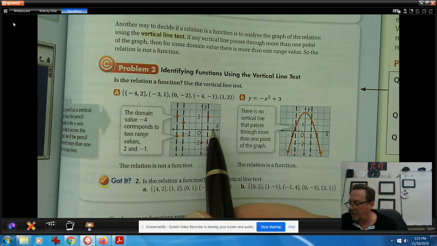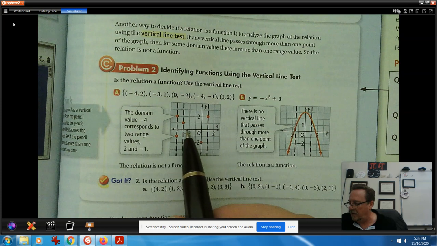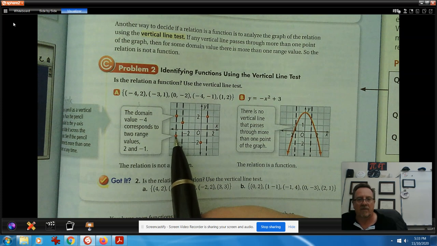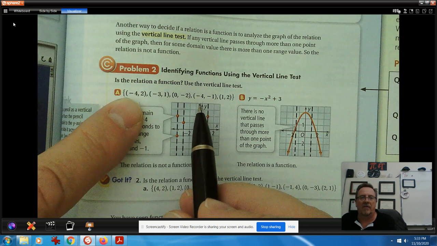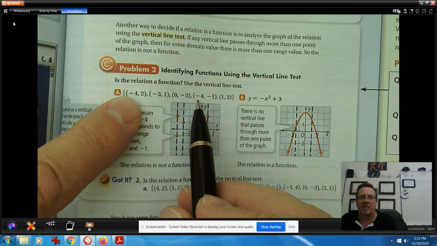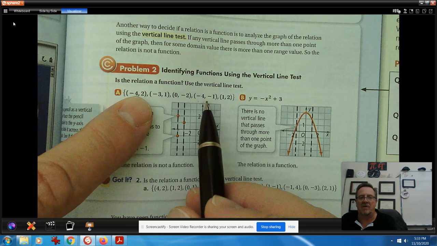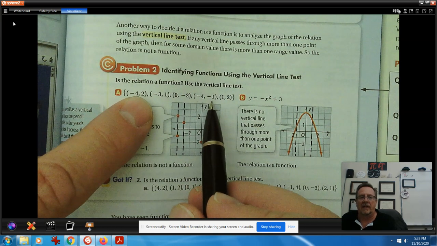But notice on the graph that if I go to -4, there's also a point at -4, -1. So this is violating our function rule. The same input value, -4, is being mapped to two different output values, 2 and -1.